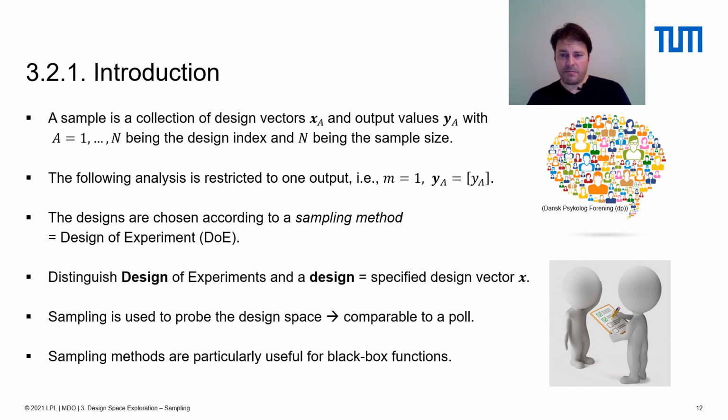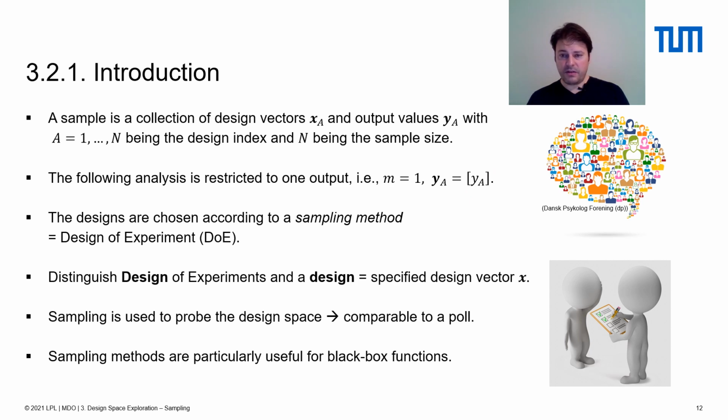And the same mechanism essentially is used in the analysis that is based on sampling for our purposes here. Sampling methods can, of course, be applied to problems or to functions that are analytically available, where you have the formula, but they are really useful for black box functions because you can compute the output values Y for black box functions.